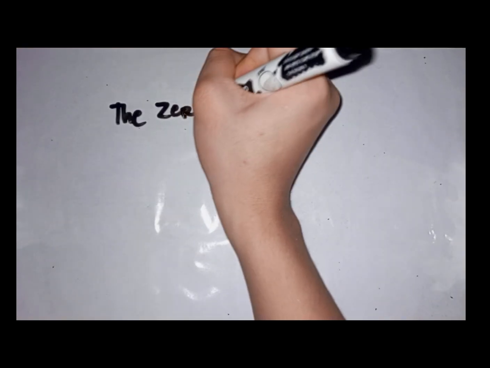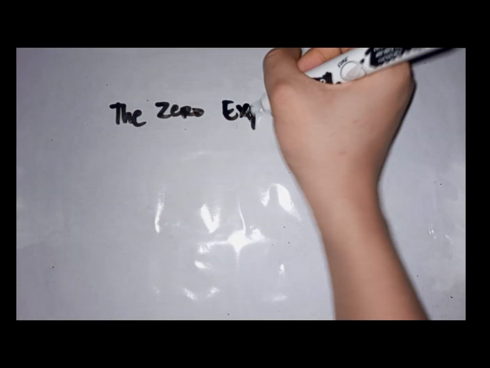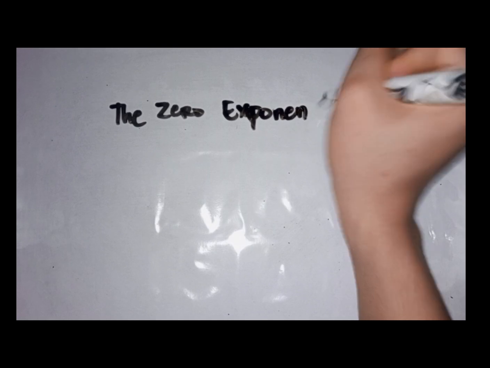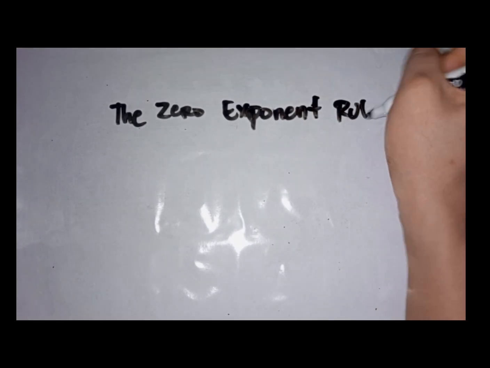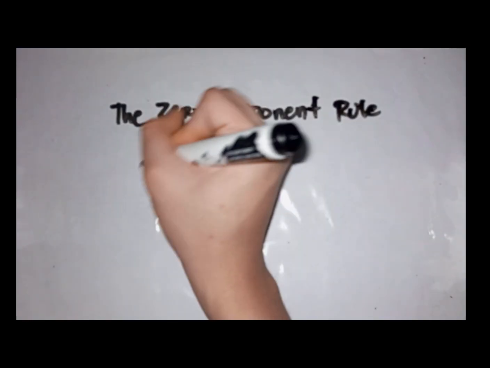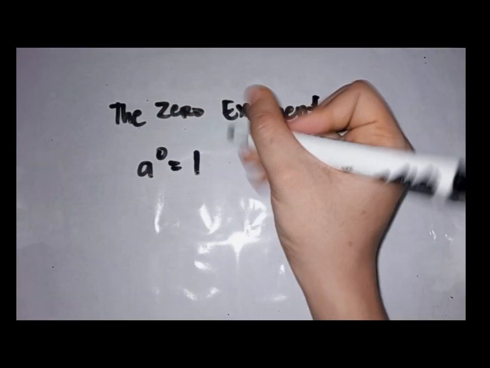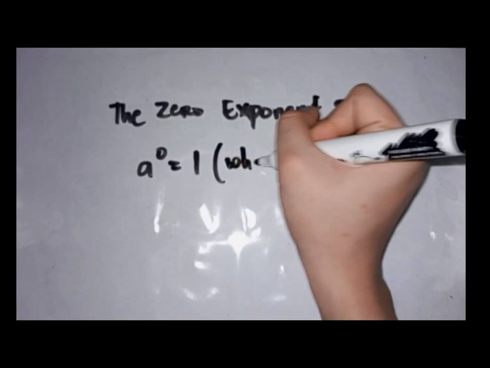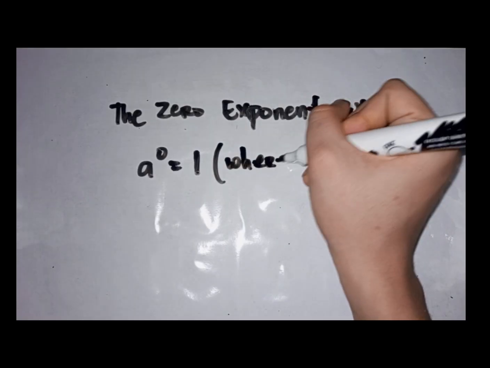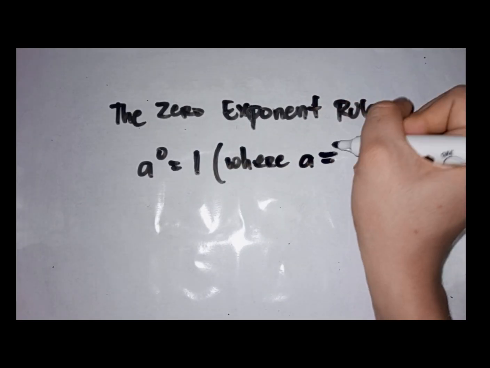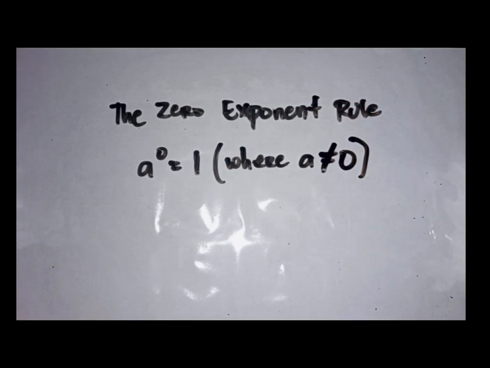So the formula for the zero exponent rule is a raised to 0 is equal to 1, where a is not equal to 0. Okay, that is the formula for our zero exponent rule.